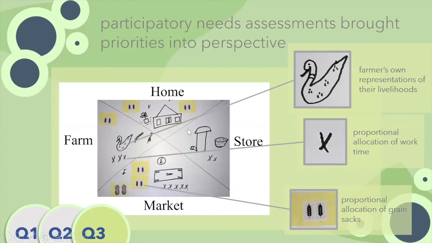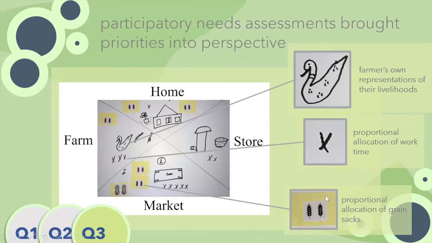that each household was interested in pursuing. And secondly, we asked them to proportionally allocate X marks to these 4 domains corresponding to the amount of time that they were working in each of these domains, where, for example, this respondent, a farmer who has more X's in the marketplace, spends more time working in the market than they would in the domestic chores, for example.